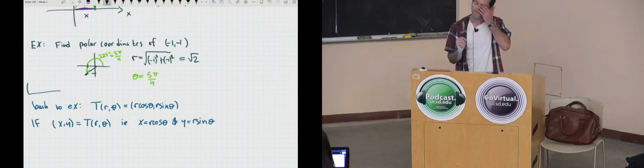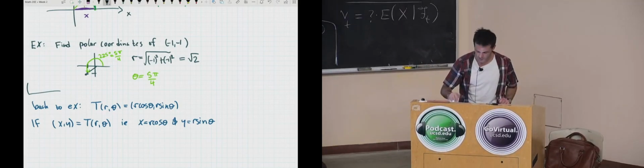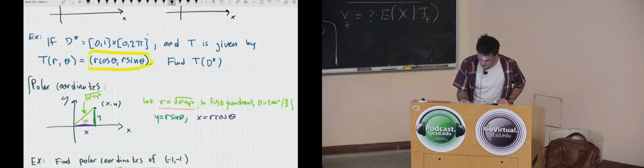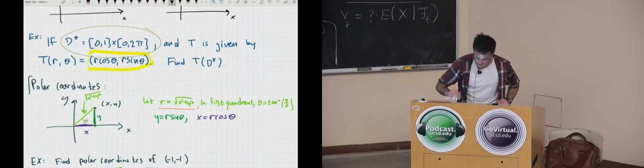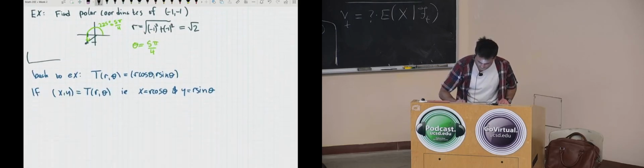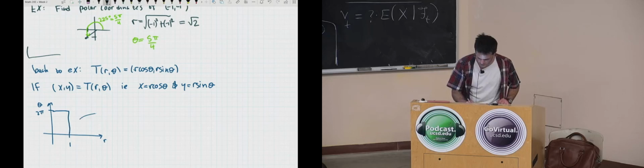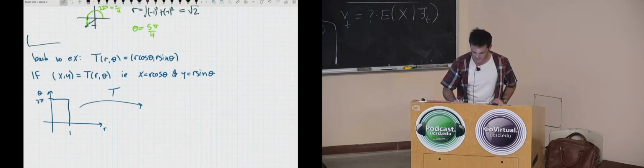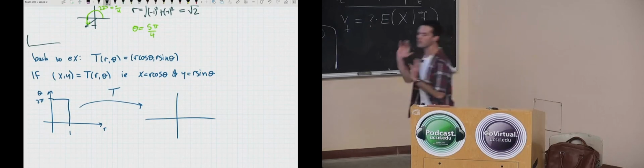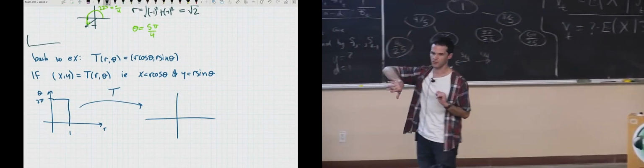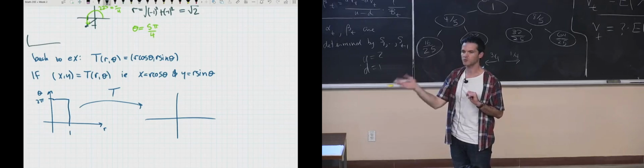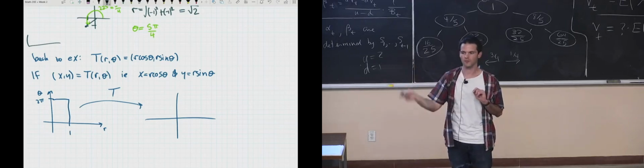So to figure out the range of this transformation, let's look at the domain. The domain was this set right here. So let me draw that set. R went from 0 to 1. Theta went from 0 to 2 pi. So under the image of the transformation, we're going to get all the points whose radius is from 0 to 1 and whose polar angle is from 0 to 2 pi.